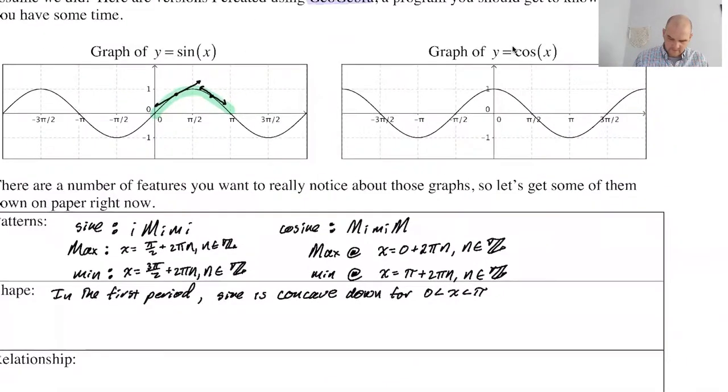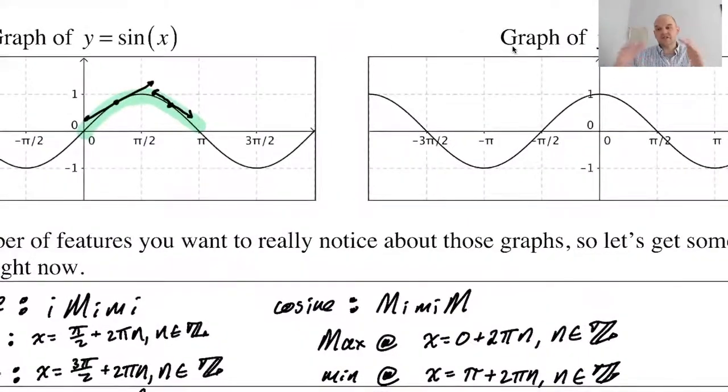And concave down means curving down. It's kind of bending down away from the tangent lines.